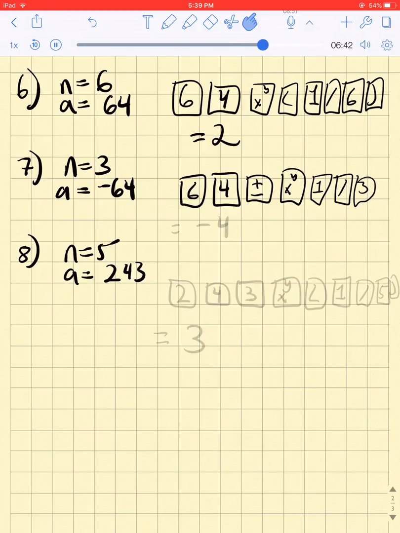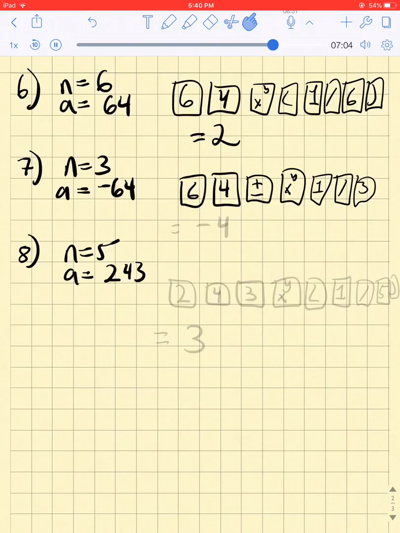So this is 6, 4, and I make it negative, then x to the y, 1 over 4 equals, well, I shouldn't do 4 because n is 3.